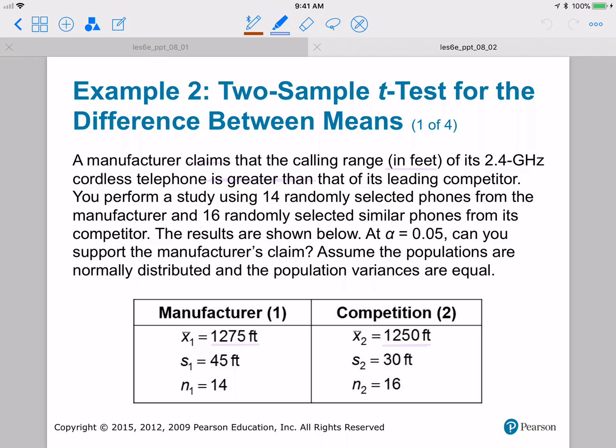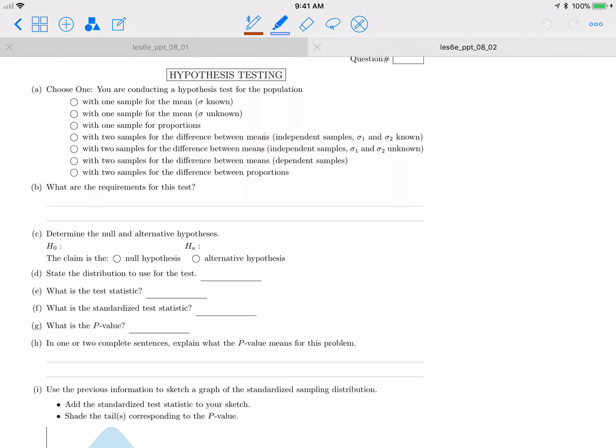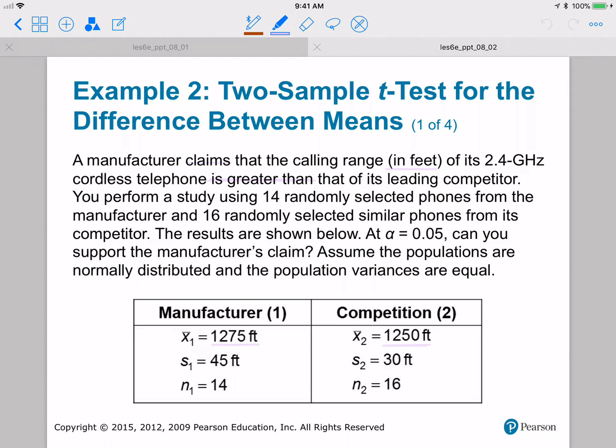Okay, so that will be our assumption, is that our samples are independent. And of course, the last thing is that sigma 1 and sigma 2 are unknown, which we can get from the fact that we're given S1 and S2, and there's no mention of the first population standard deviation or the second population standard deviation.